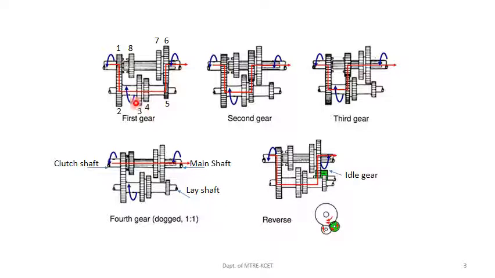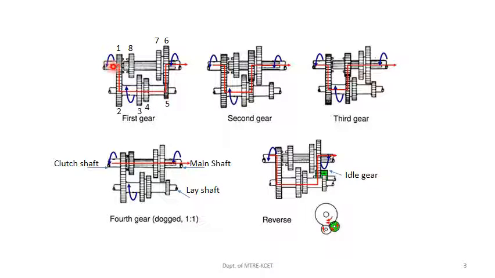The first gear is achieved when we move the selector mechanism in the gear lever forward, so the sixth gear is meshed with the fifth gear of the lay shaft.